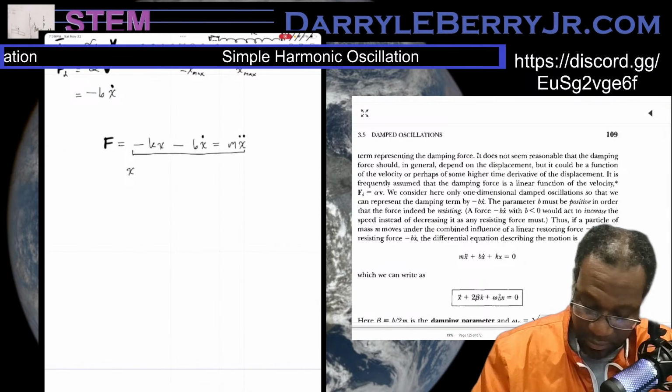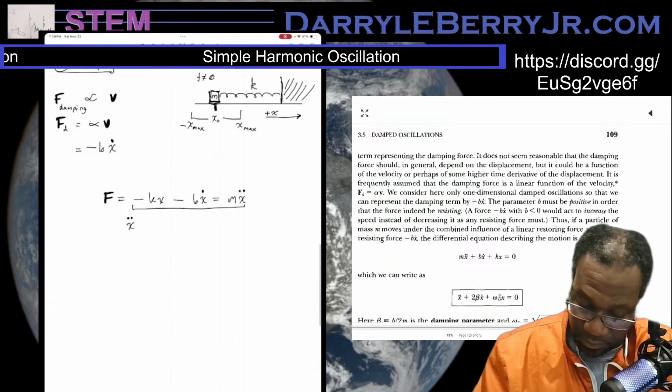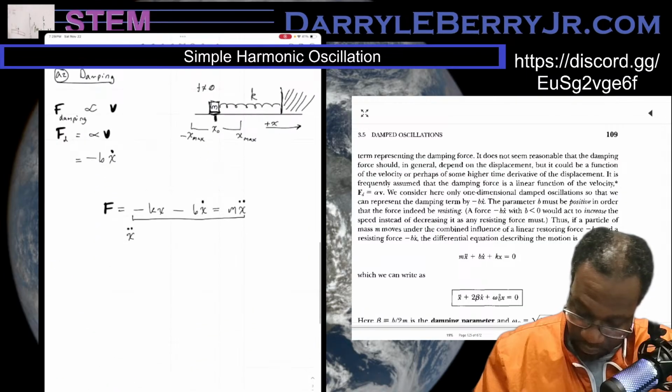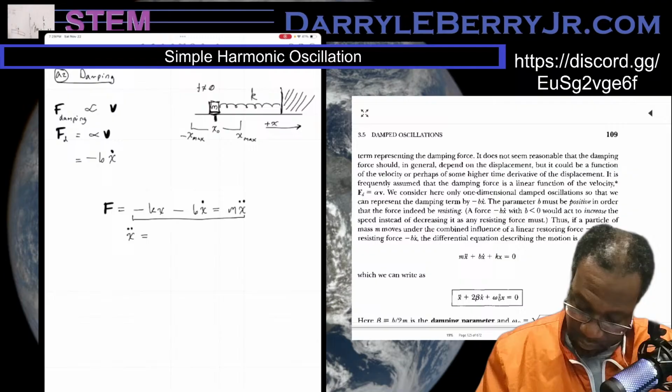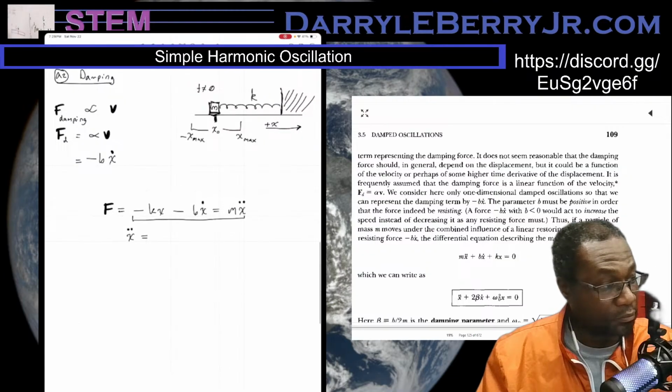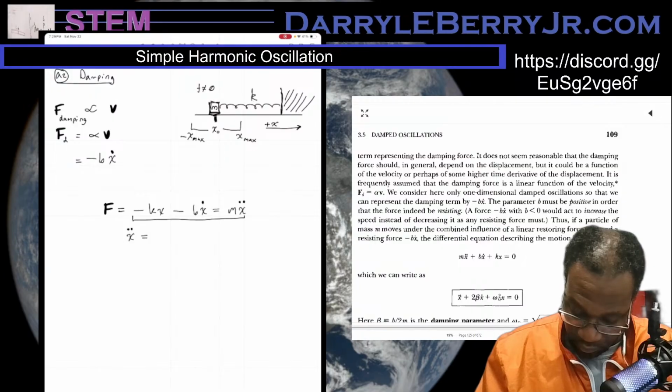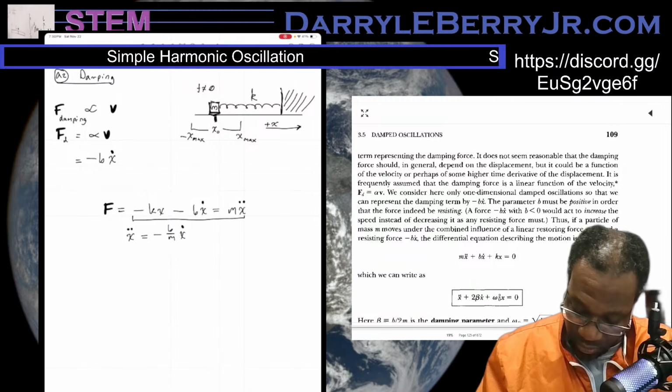We have x double dot equals negative b over m x dot minus k over m x.